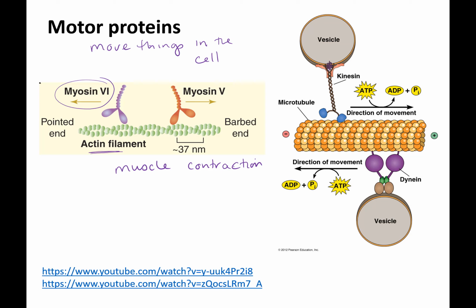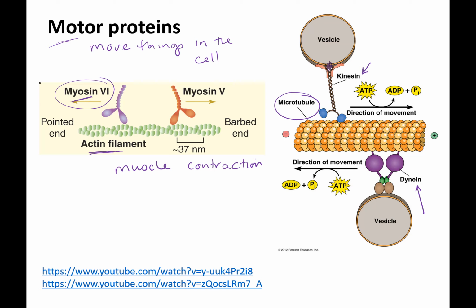And so now you have linked a motor protein, myosin, with cytoskeleton actin filaments. Over here, we have two different motor proteins. We have kinesin and we have dynein. And they both move along microtubules. Okay. So we've got microtubules associated with kinesin and dynein, actin or microfilaments associated with myosin.